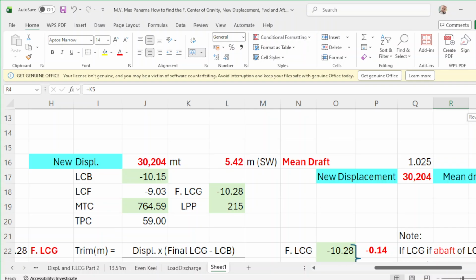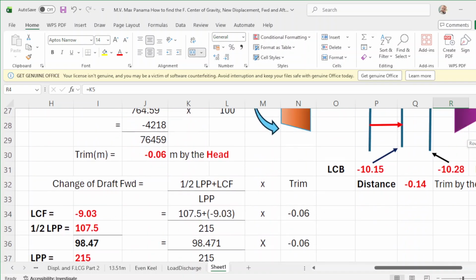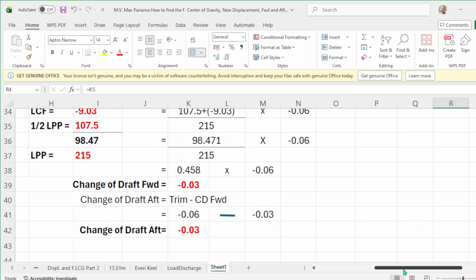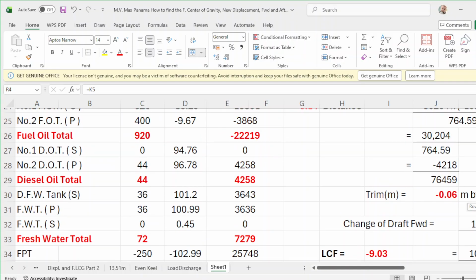Then, as soon as we get all these figures, you get your LCB, LCF. Before we go to that, we go to our trim stability sheet.